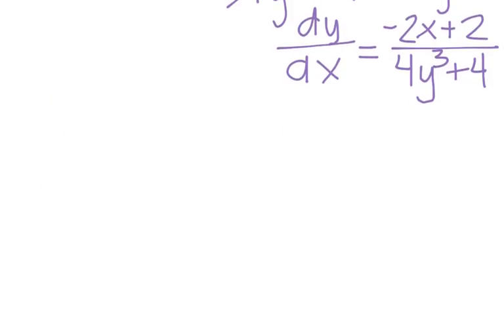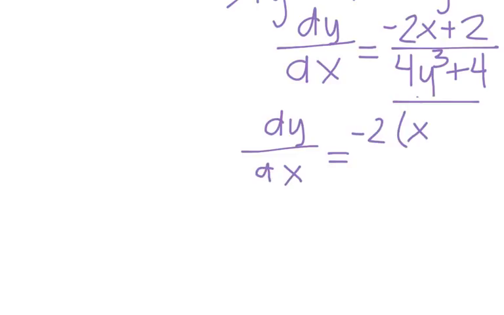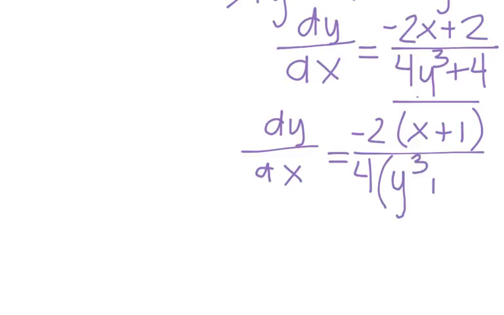We can then simplify this, which gives us dy dx equals negative 2 times x plus 1 over 4 times y cubed plus 1.